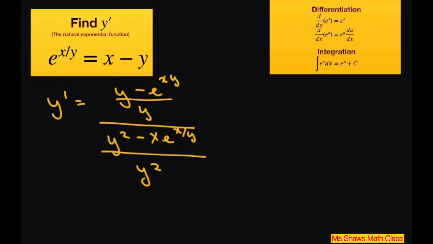All right, and this simplifies. Remember, this is dividing. I hope it doesn't confuse you. But you just flip this around and multiply. So this is like y squared divided by this part. So this is going to be y squared minus x e to the x over y power.